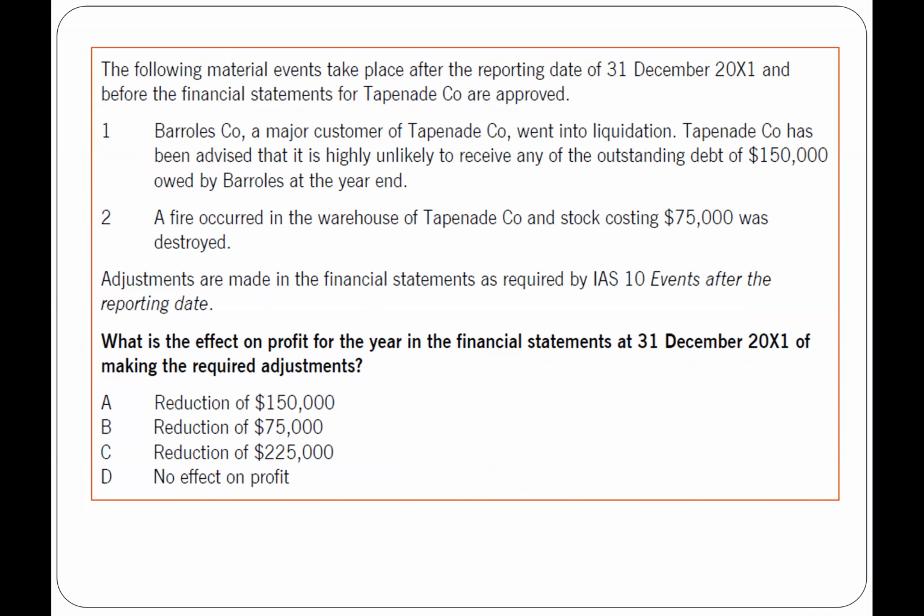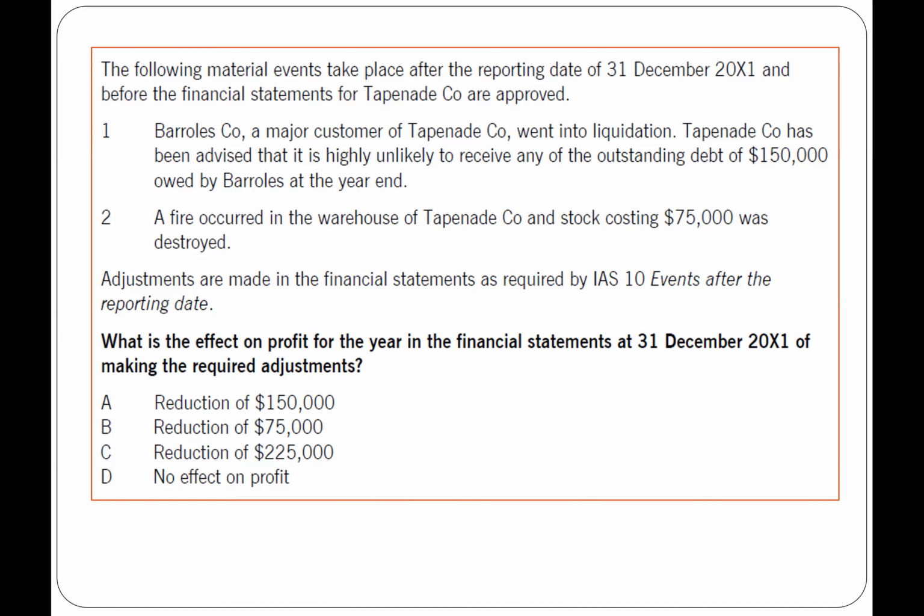The question is, what is the effect on profit for the year in the financial statements at 31 December 2021 of making the required adjustments? Okay, so the first thing that we need to determine from these two scenarios is, do we actually need to do any adjustments or not? And we determine that by first categorizing each of them as either an adjusting event or a non-adjusting event.